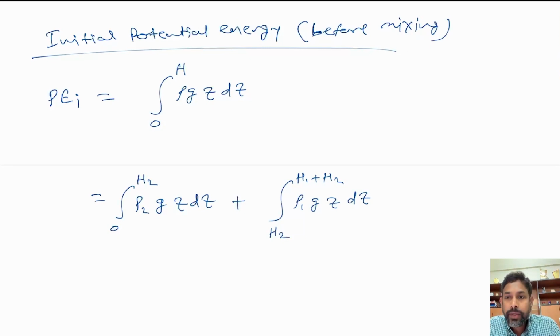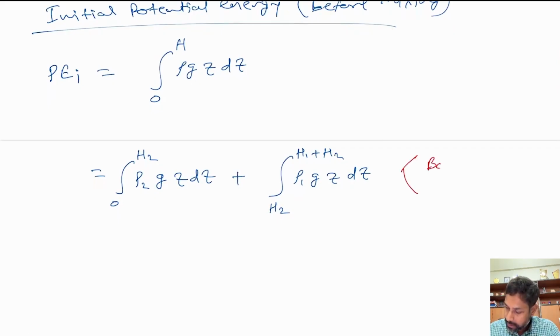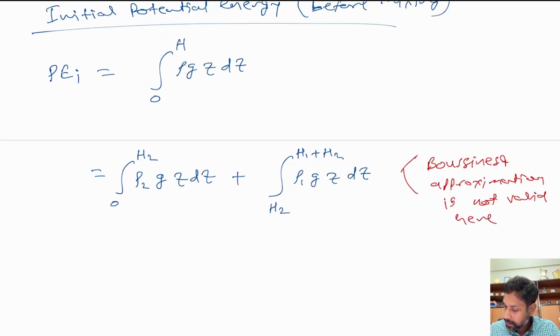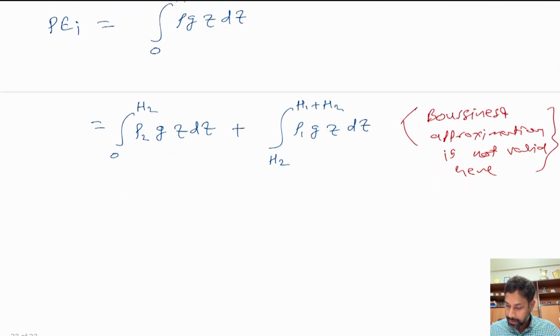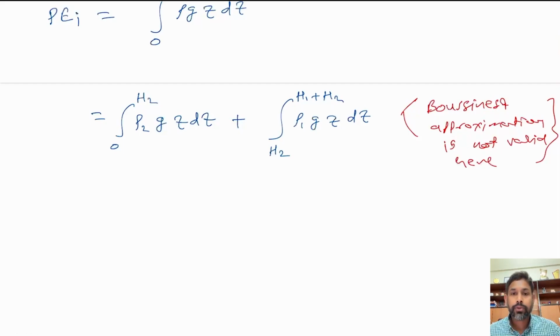And now here we cannot apply Boussinesq approximation. Why? Because g is multiplied. Boussinesq approximation is not valid here, right? Because g factor is there, and as we have discussed, whenever g is multiplied with the density, we have to consider the actual density, because that is what defines the potential energy, or that defines the buoyancy force, right?